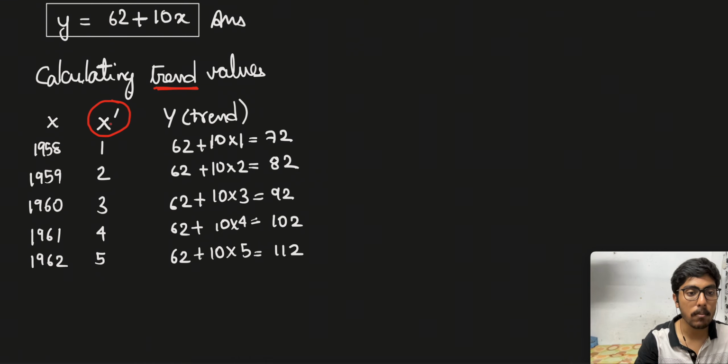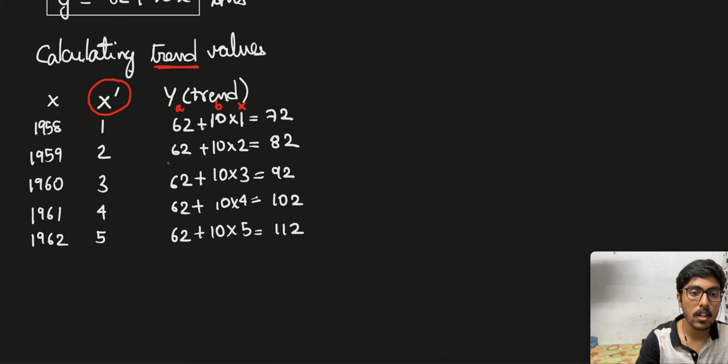So we will put modified x, that is x dash, into the equation y is equal to a plus bx. So this is a, this is b and this is x. Similarly we will get 62 plus 10 into 1, that is 72, 62 plus 10 into 2, that is 82, and similarly all the values.